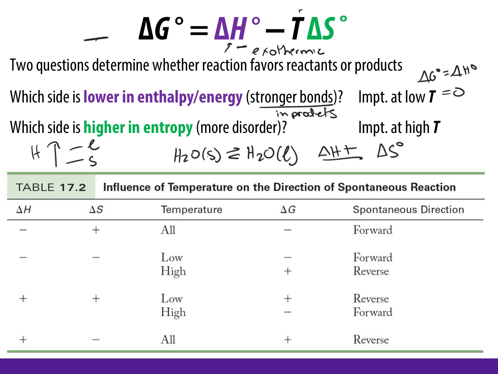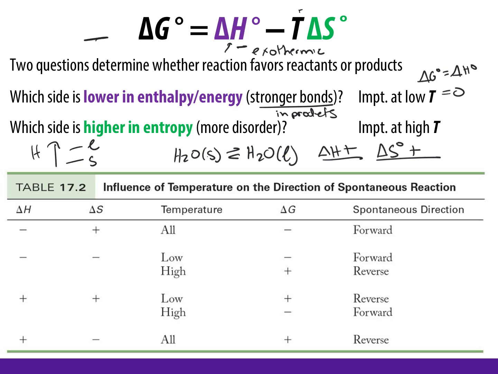Liquids have that more disorder, and so the delta S for this reaction is also going to be positive. As a result, it's no surprise that at the lowest temperatures, as we go down to absolute 0 or below 0 Celsius, the solid is favored. That's because of the enthalpy term here. At low temperatures, this reaction doesn't occur, solid to liquid, because of that positive sign of delta H.